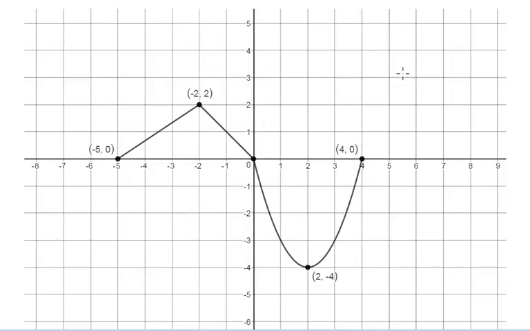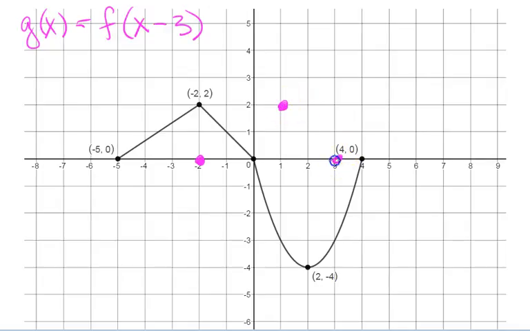Now I can do the same thing. Suppose that g of x is f of x minus 3. This time the subtraction is inside the parentheses, and remember that the horizontal moves, which are all inside the parentheses, go sort of contrary to the way that you think that they should.